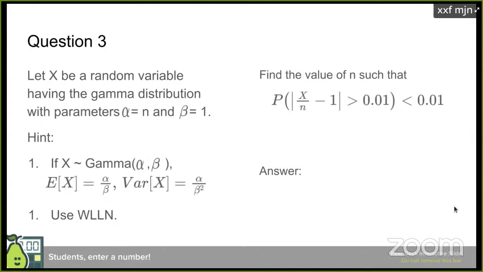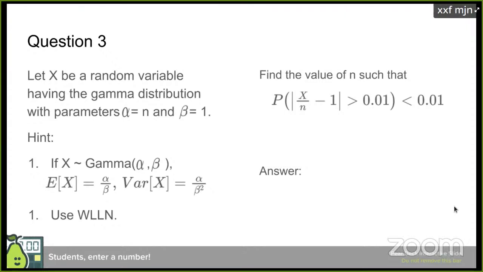You know the weak law of large numbers: the probability that X minus n mu is greater than delta is less than sigma square by n delta square, correct?